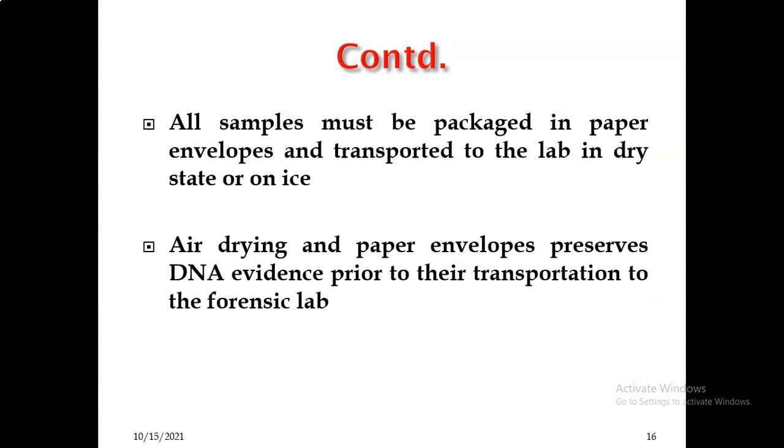Now, all samples after collection must be packaged in paper envelopes and transported to the lab in dry state. Or, if the sample is in its liquid form, example, whole blood in vacutainer tubes, you transport them on ice. Air drying and paper envelopes preserve DNA evidence prior to transportation to the forensic lab.